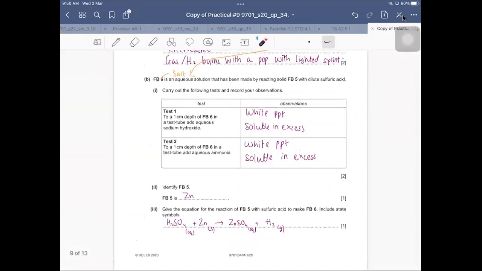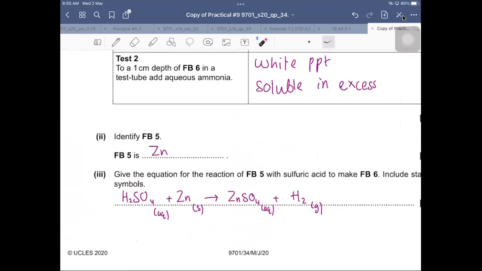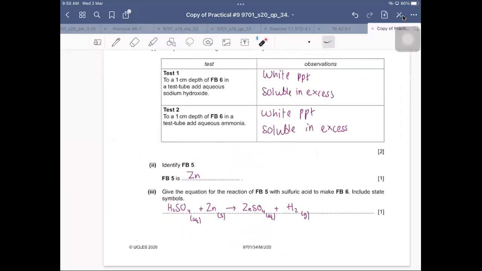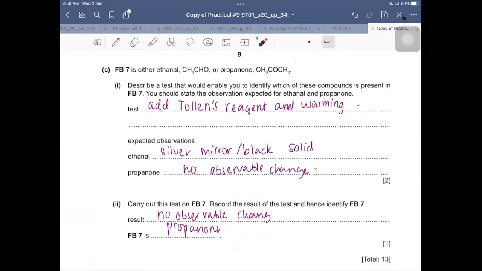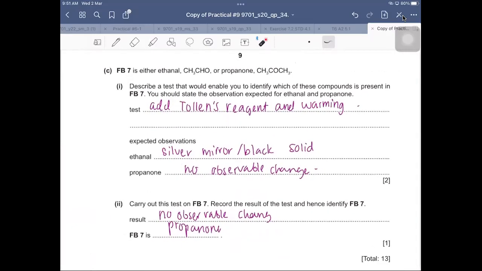After you identify zinc, you write down the balanced equation. I will not explain that to you. And this part requires your organic knowledge. I really don't remember if it will be an organic or an inorganic qualitative analysis.